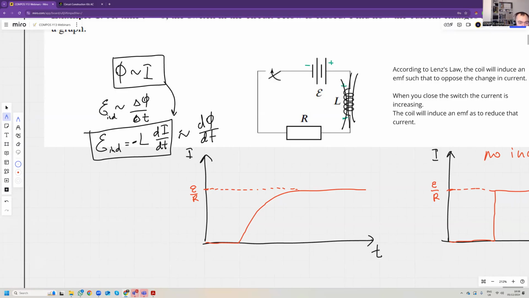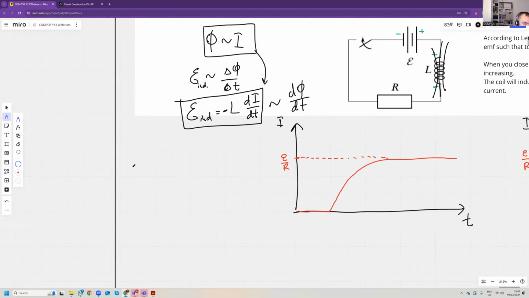When we say flux, it's quite straightforward because a current produces a field. So the field is proportional to current, right? If you have a current, the more current you have, the more field you have around the wire. Flux is proportional to B, therefore proportional to current.